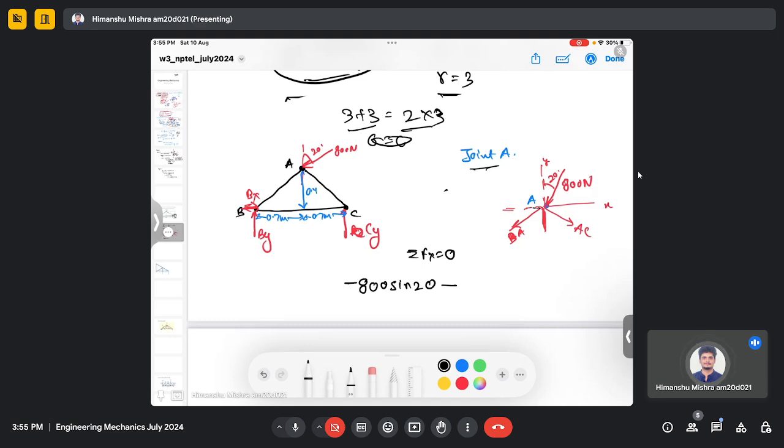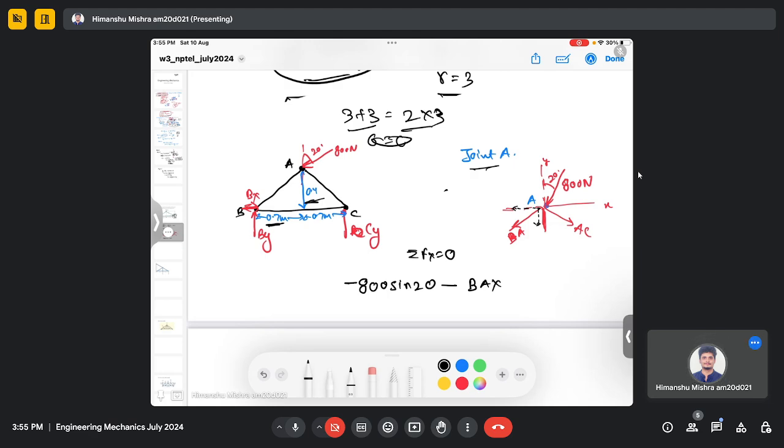So this is the component of force BA, so I can use these sides like 0.7 and 0.4 to calculate the components, and we discussed in the first lecture how to use the sides or angle to find the component.